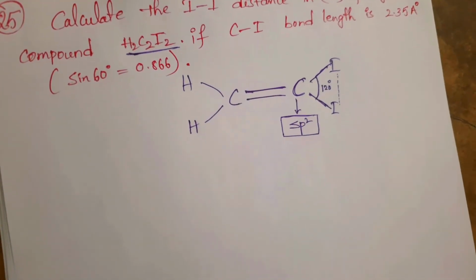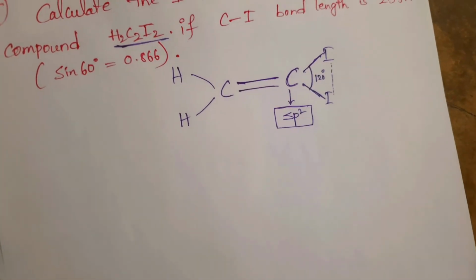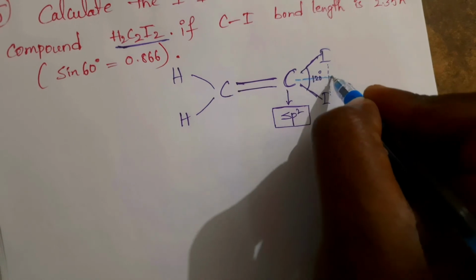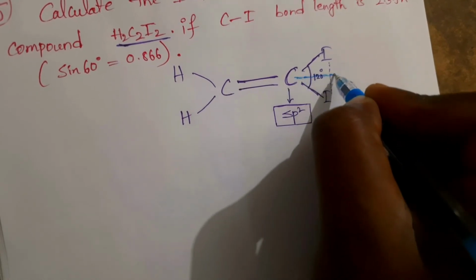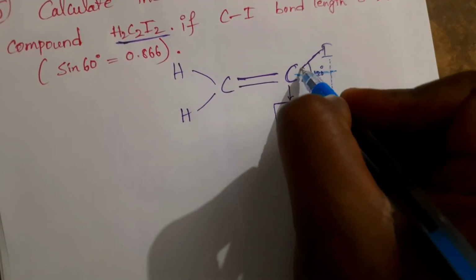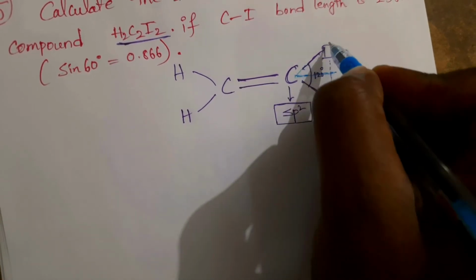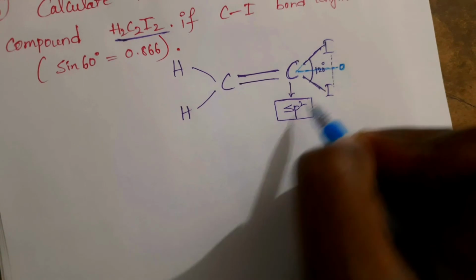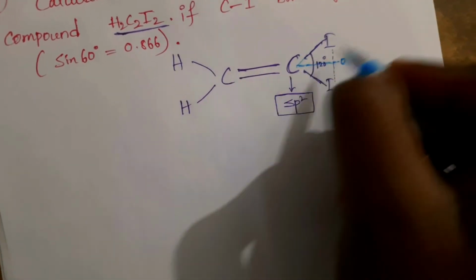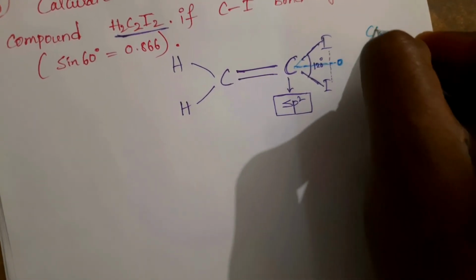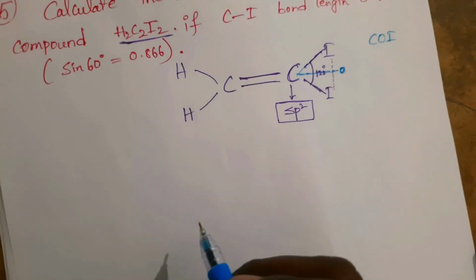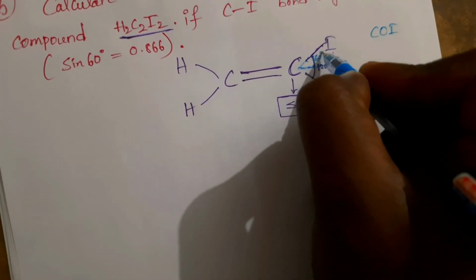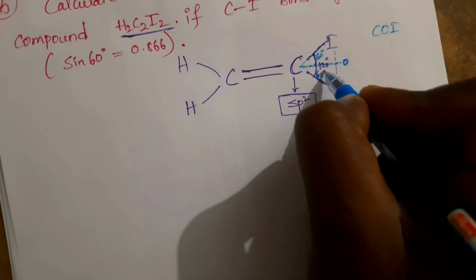First you divide this, you make one perpendicular line on this carbon. Then we get one triangle here, let's say for example it is O. Then we get the COI triangle, is it or not? Then this angle will be 60 degrees.